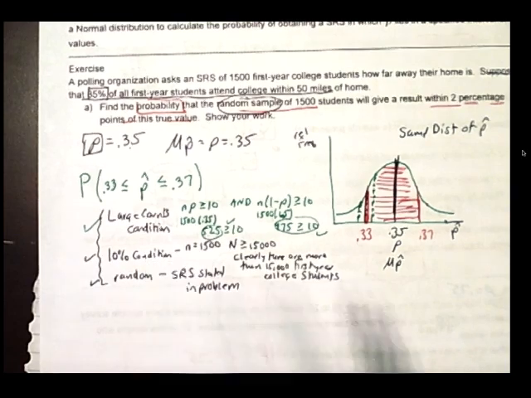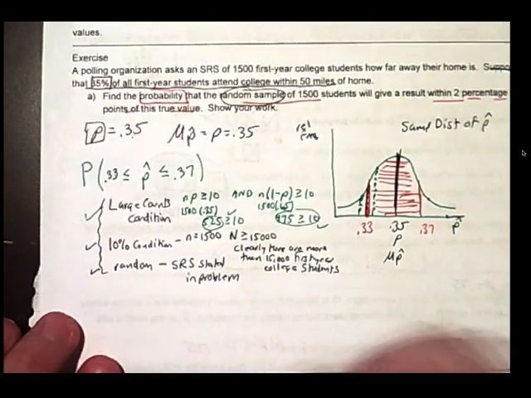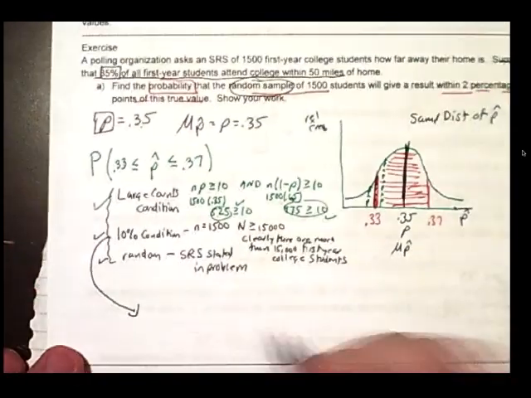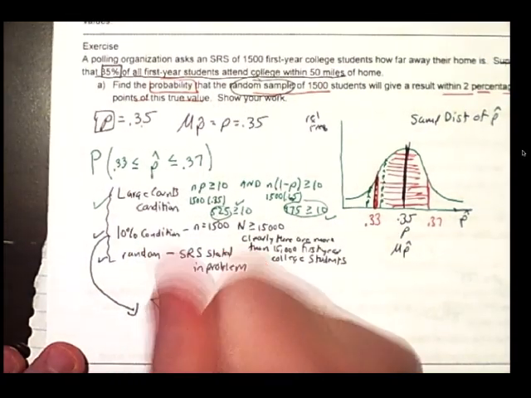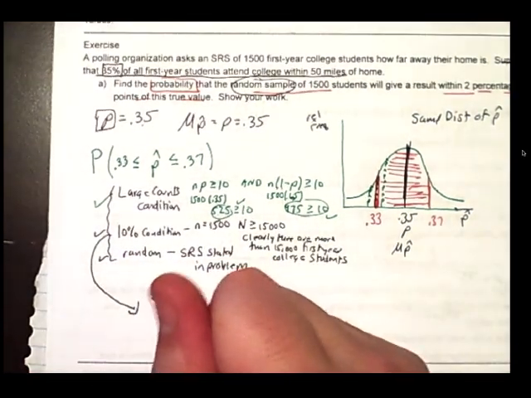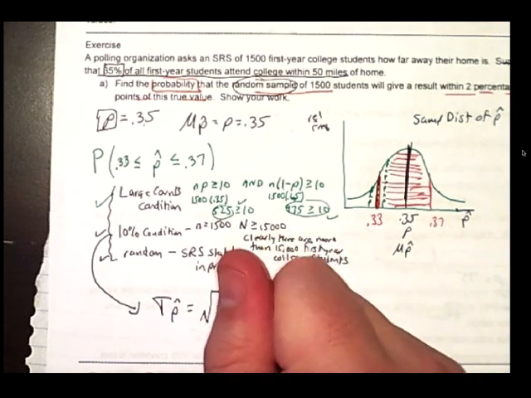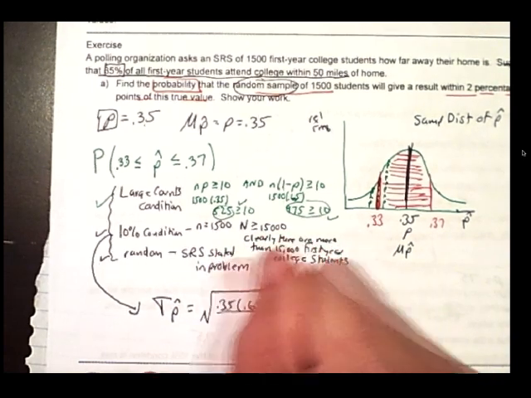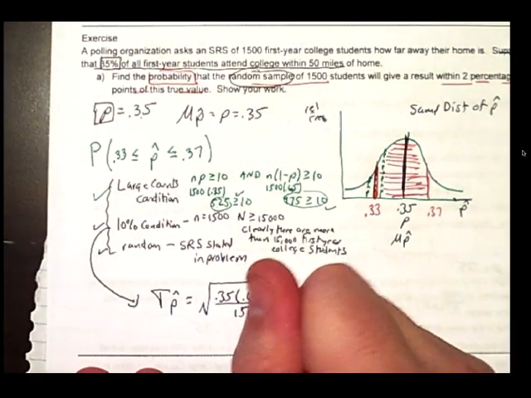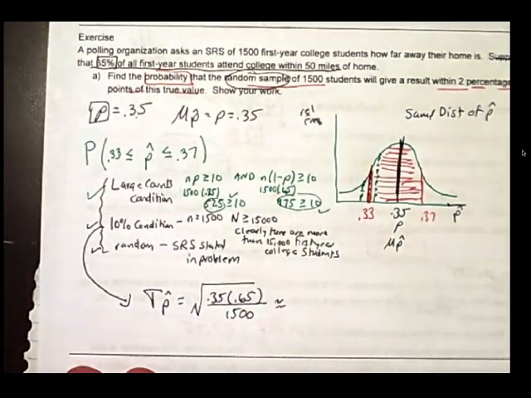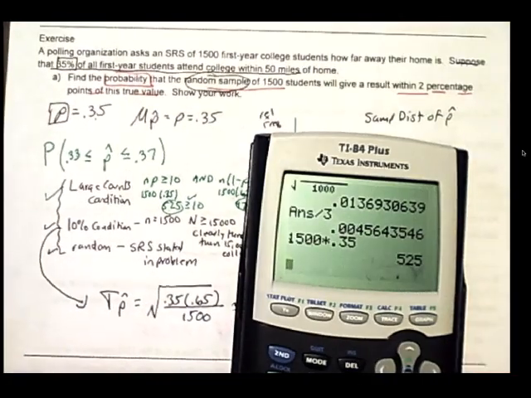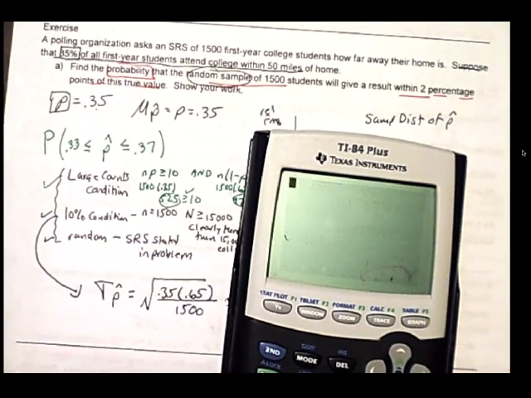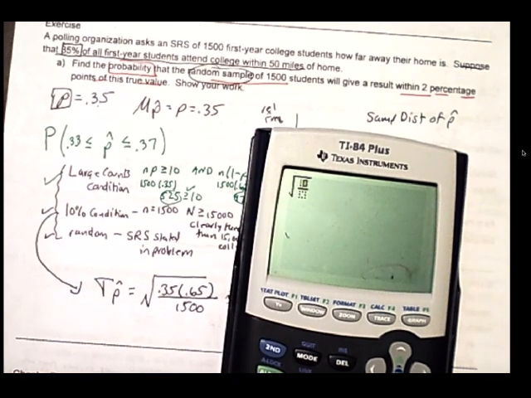This next one, what does the 10% condition allow me to do? It allows me to figure out what sigma of p hat is by using that formula. So that would be the 0.35 times the 0.65 over the 1500. Let's figure out what that is on the calculator. I'll do 0.35 times 0.65 over 1500.